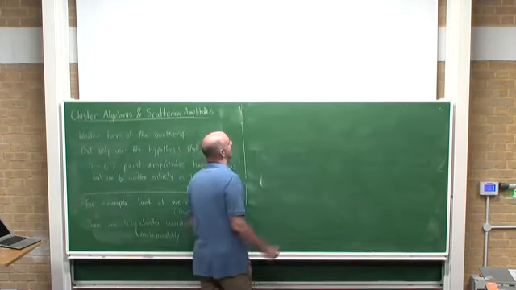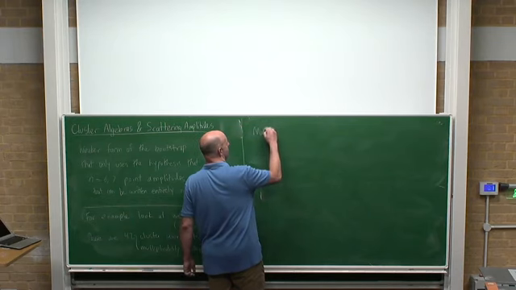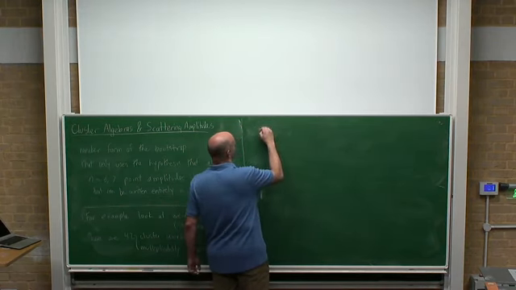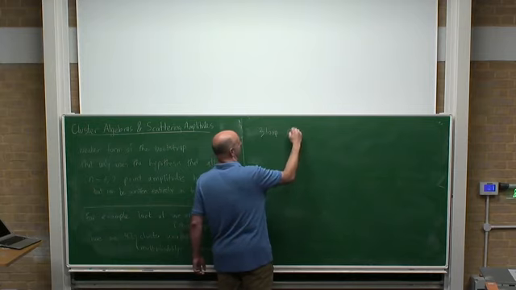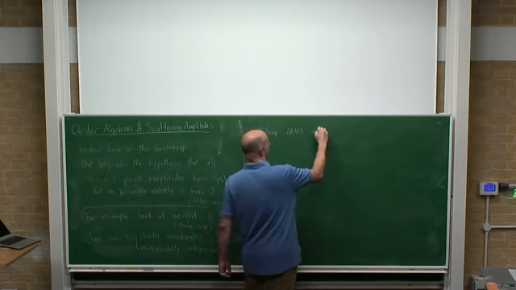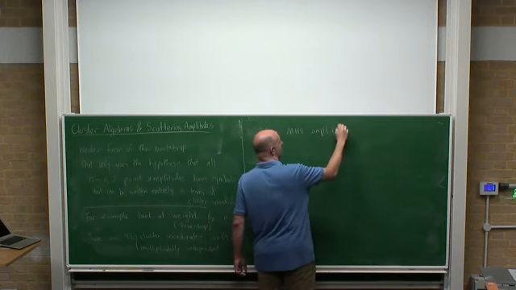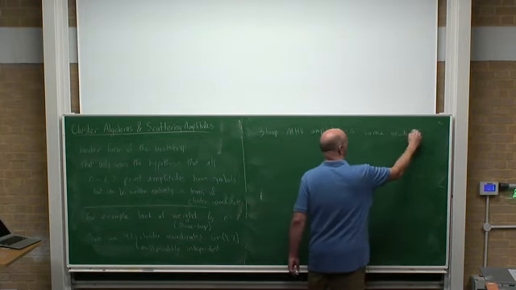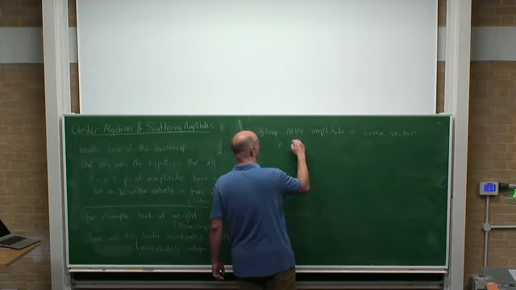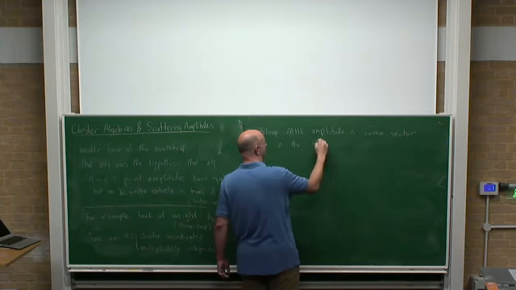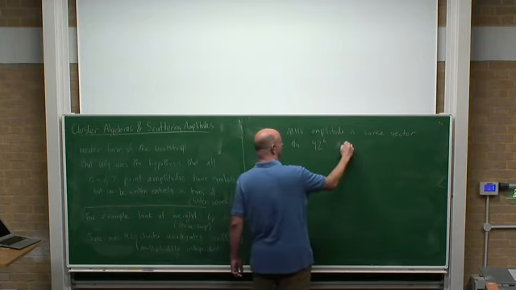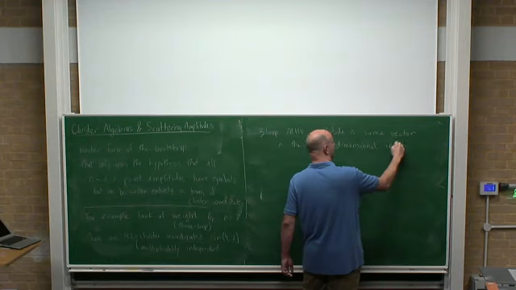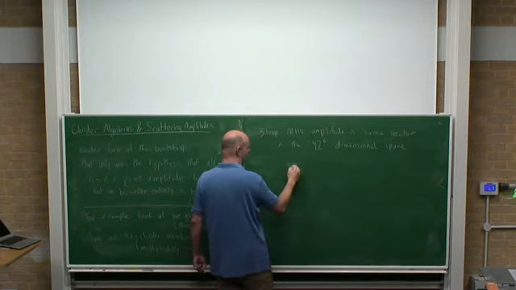So what you do is you make an ansatz. In other words, the 3-loop MHV amplitude is some vector in the 42 to the power 6 dimensional space.